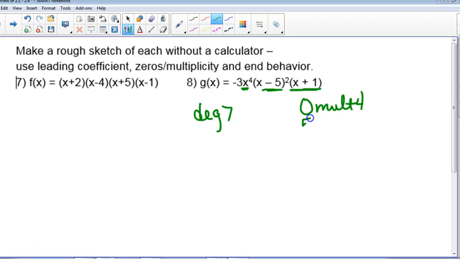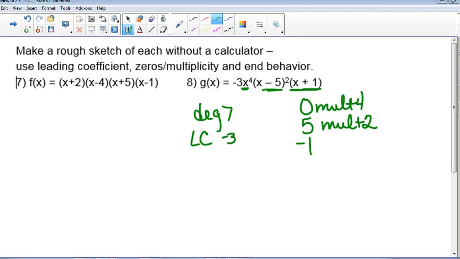It has a 0 at 5 of multiplicity 2, and a 0 where? -1. Okay, so that's where I'm getting 7, right? 4, multiplicity 4, multiplicity 2, multiplicity 1. Okay. What is the leading coefficient? Yeah, this -3 out here.